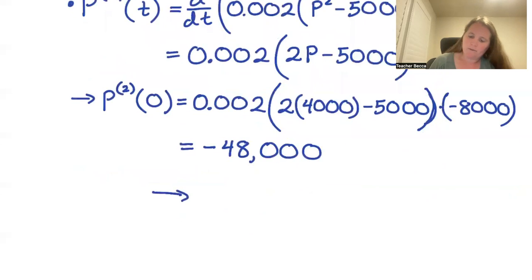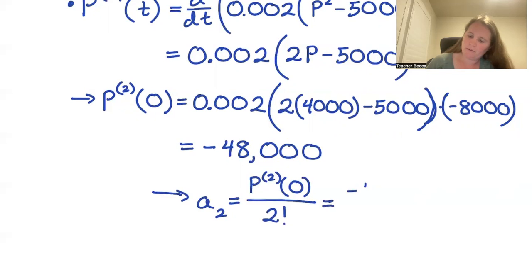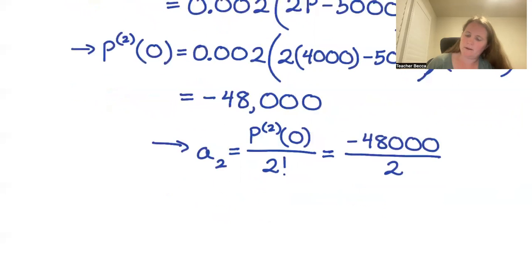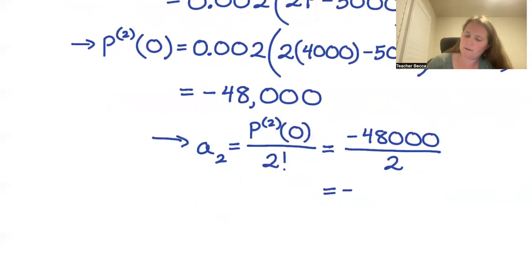So our a sub 2 is that second derivative evaluated at 0 divided by 2 factorial, which would be negative 48,000 over 2, otherwise known as negative 24,000.